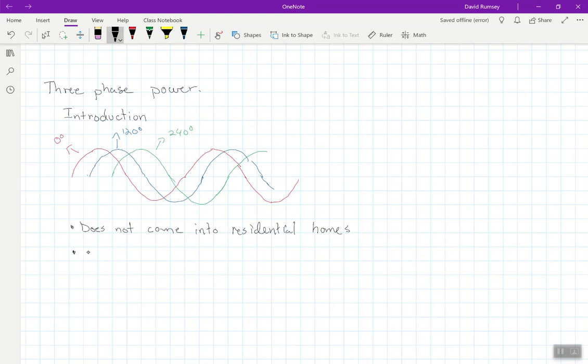But this is often present in commercial, and it is, I would say, almost always present in industrial.